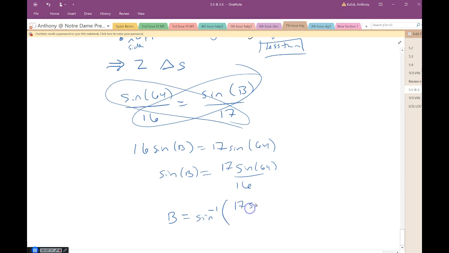So I'm going to type this all into my calculator in just one big swoop. It's also reasonable that you would type this in steps, but you can do it all in one step. And that's the way I prefer to do it, just that there's less rounding involved. Doing it that way. So when I type that in, I get 72.7 approximately.